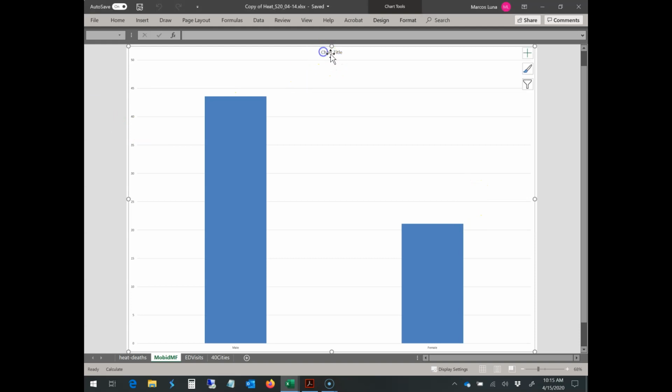So we'll say this is the crude incidence rates of heat-related morbidity by sex, 2005, 2010. Okay.